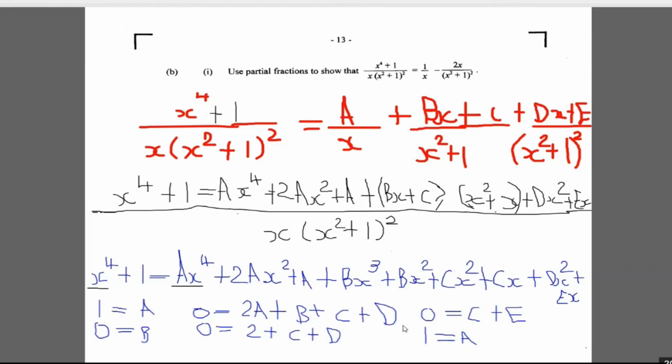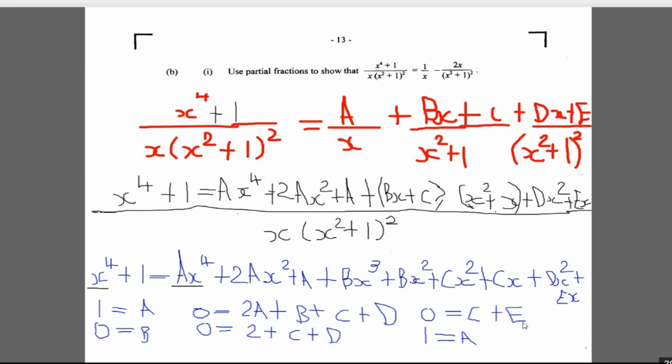So what do we know? From the 5 equations, we know a, we know b. Now we need to find c. So we have 5 equations, and we have 5 unknowns, but we know 2 already, so we're left with 3 equations. Actually, we have 2 plus c plus d equals 0, and c plus e is equal to 0.